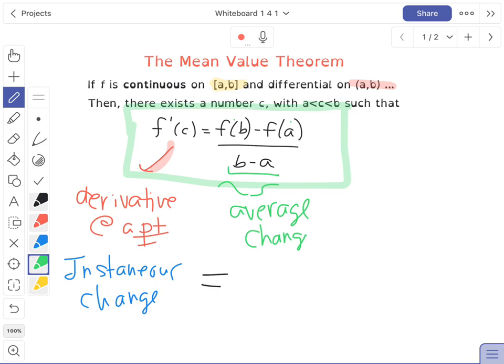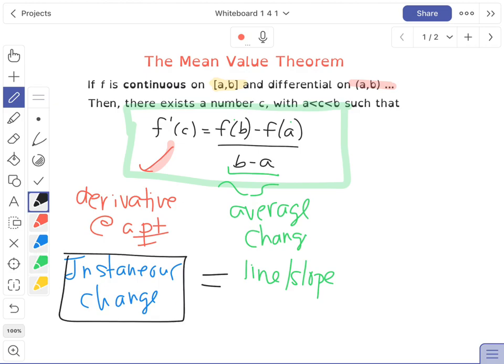And the average change, we kind of think of that as like a line or a slope. But what we're saying here is that at some point, the instantaneous change will equal the average change over that interval. And when we think about that, it's way better to look at a graph of that.